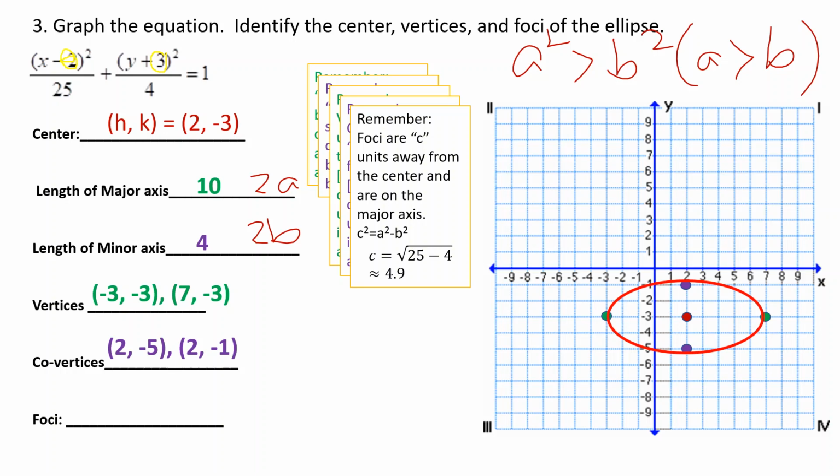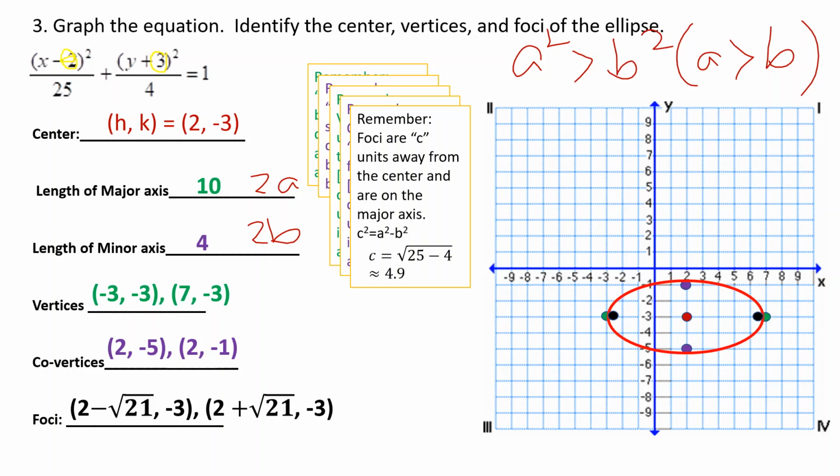So I'm going to count from the center, which is already at 2 horizontally, 4.9 or root 21, and from here root 21. So I get 2 plus root 21, and 2 minus root 21. Remember, the foci are always on the major axis.